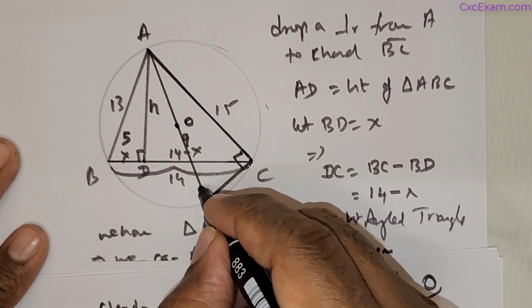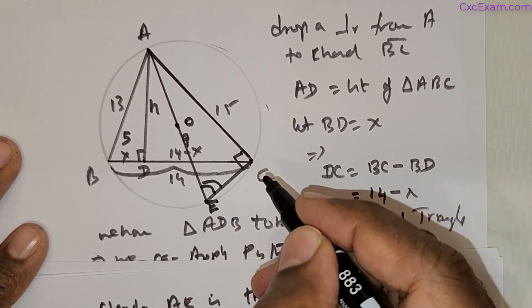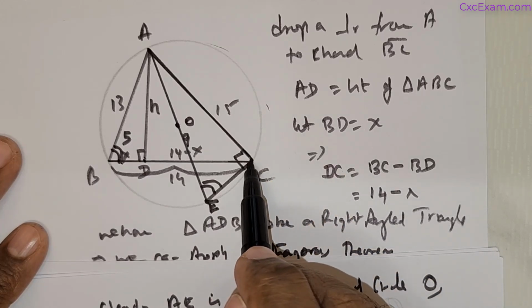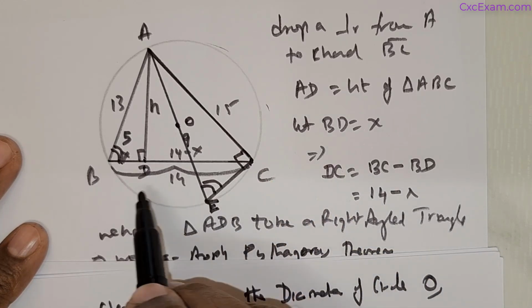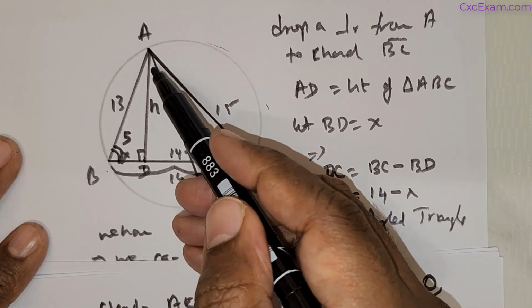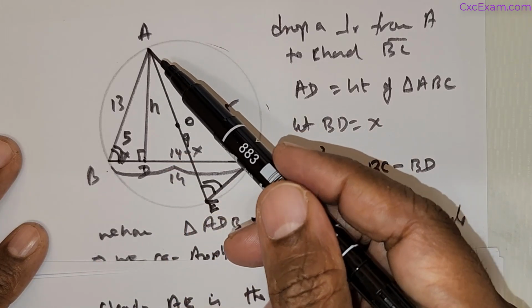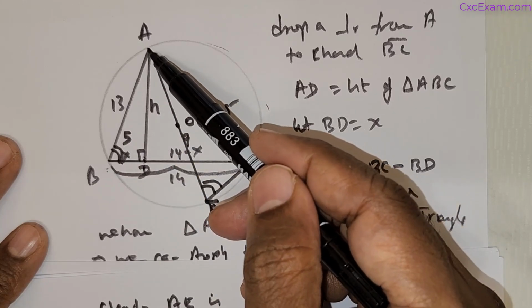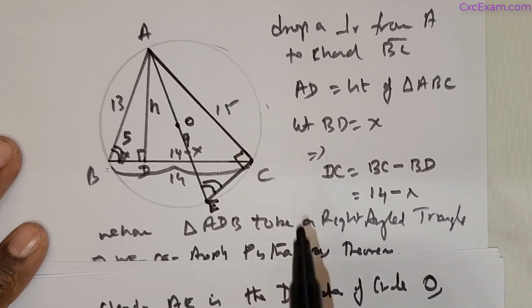Angle at E is equal to angle at B. Now watch here, angle at C is equal to angle at D, angle at E is equal to angle at B. So what are we looking at? By angle-angle similarity, triangle ADB and triangle ACE are similar.